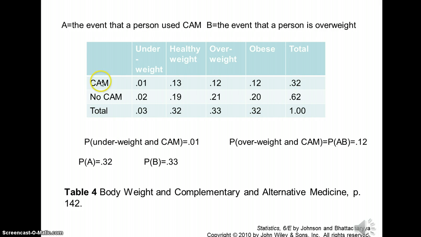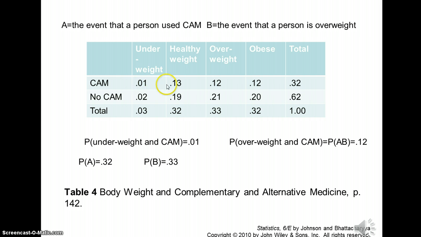So in the table it shows that 1% of the people are underweight and used CAM, and 13% are healthy weight and used CAM, and so on. And this 0.02 means 2% are underweight and did not use CAM, and so on.